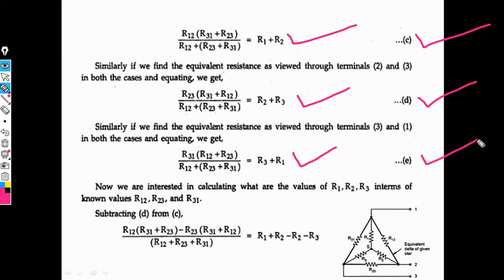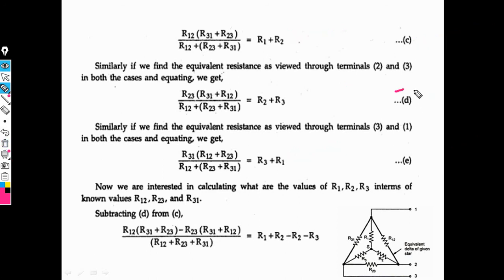Now equation D and equation C are very important. Subtract equation D minus C. R1 plus R2 minus R2 plus R3 gives R2 minus R3.